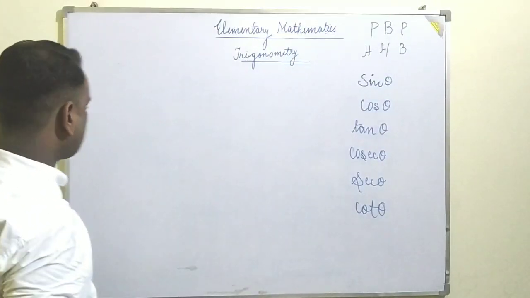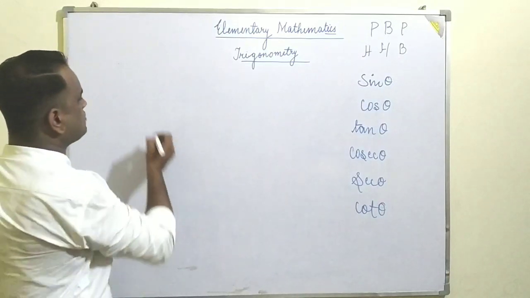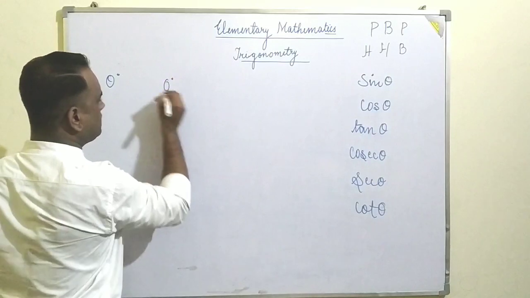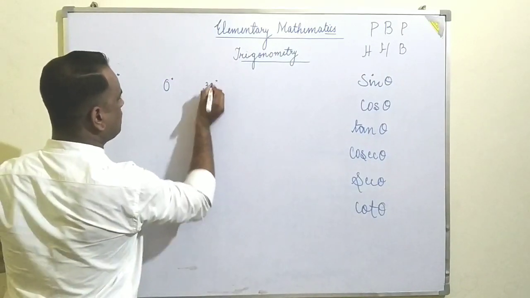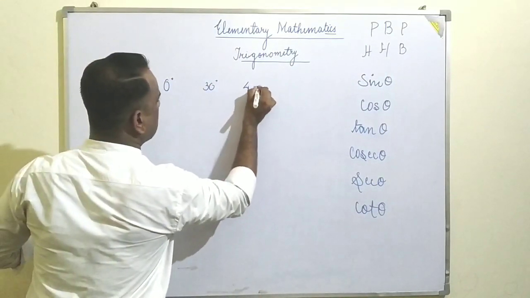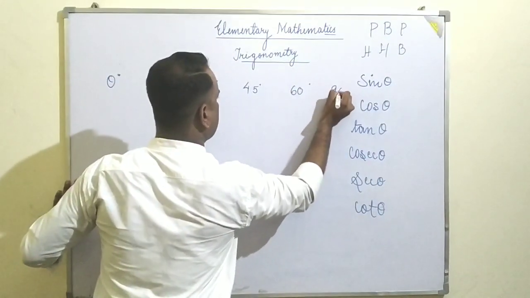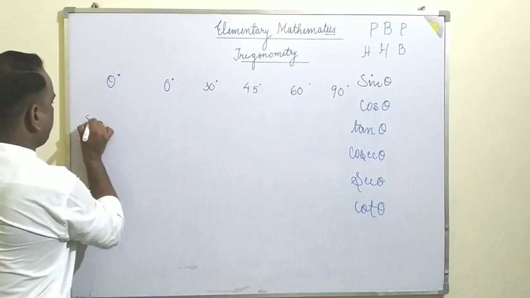If the angle theta is 0 degree, 30 degree, 45 degree, 60 degree and 90 degree, then what will be the values of sin, cos and tan?